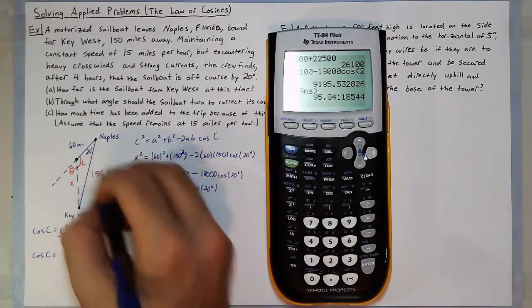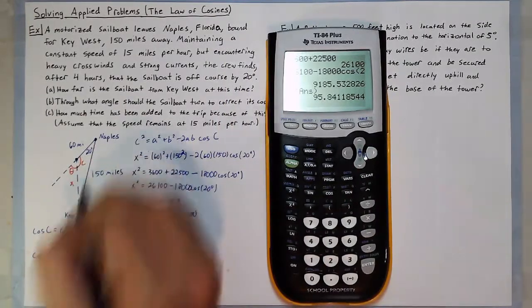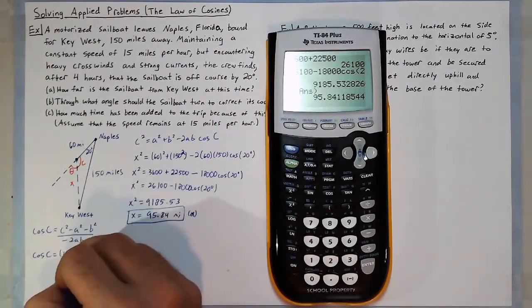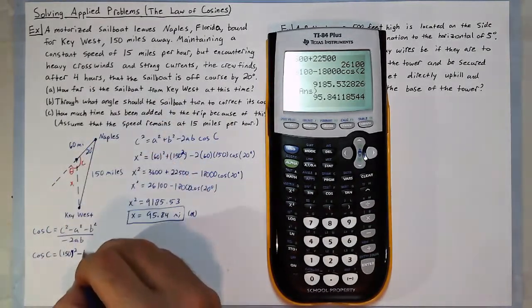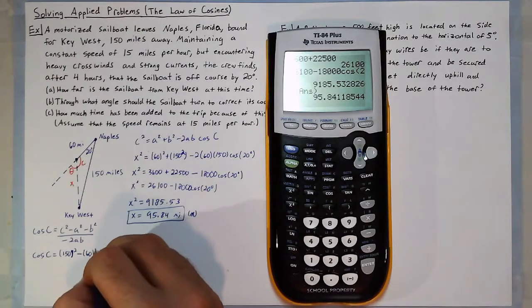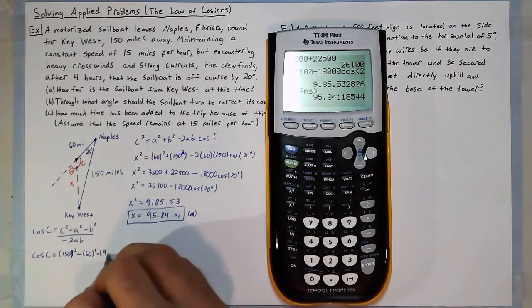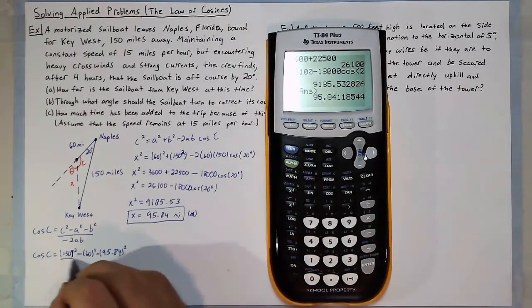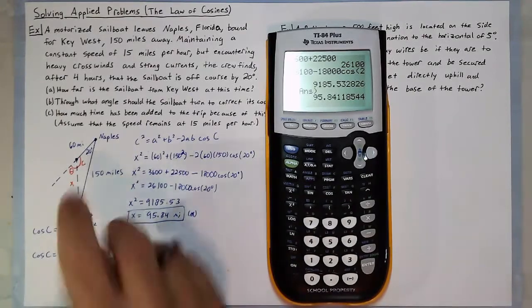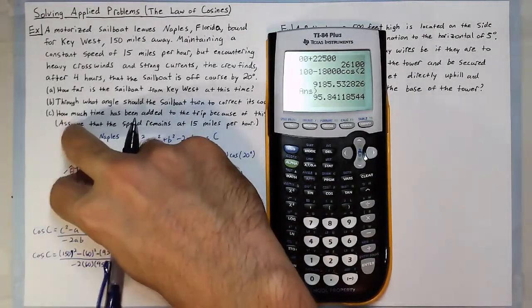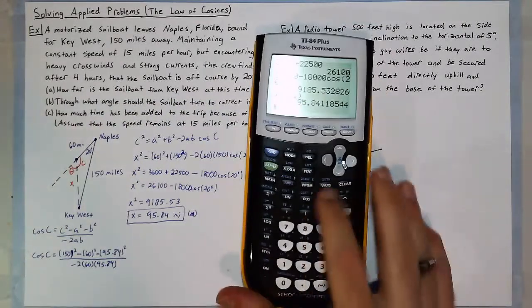So cosine of C, after plugging all of that in, c squared would be opposite of the angle first, so 150 squared minus a squared, which I'll say is 60 squared, minus 95.84 squared, all over negative 2 times 60 times 95.84, if I say that these other two sides were a and b. So let's plug all that in and figure out what that is.